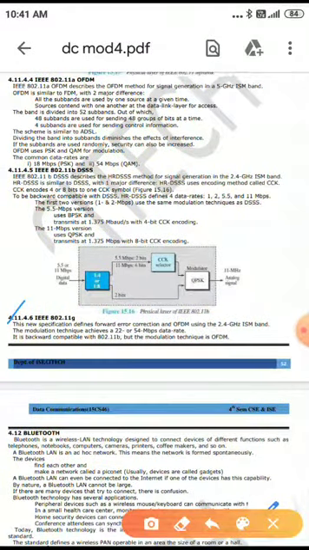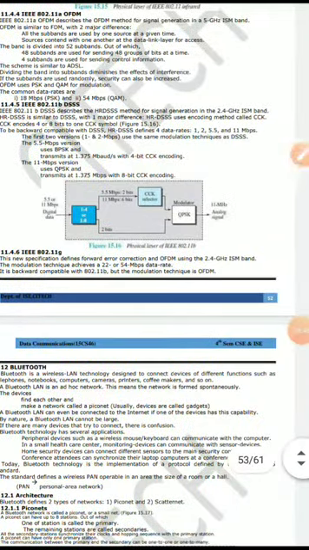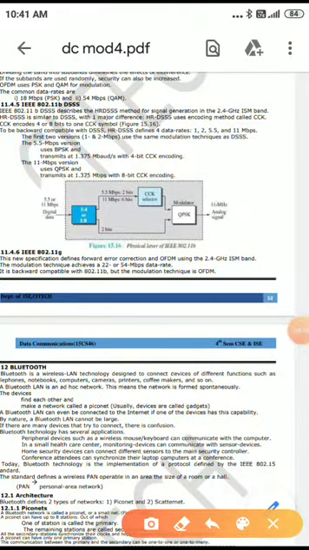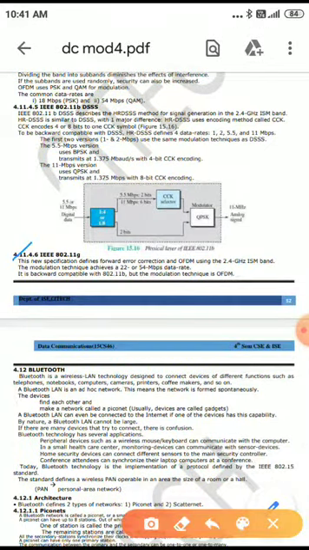Next, the last one is IEEE 802.11g. This new specification defines forward error correction and OFDM using the 2.4 GHz ISM band.